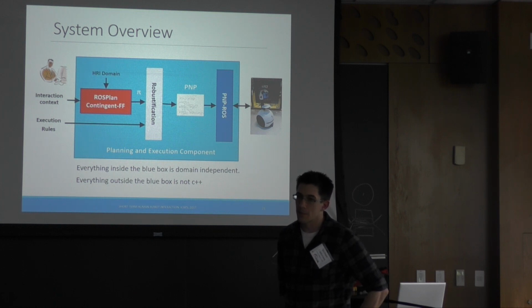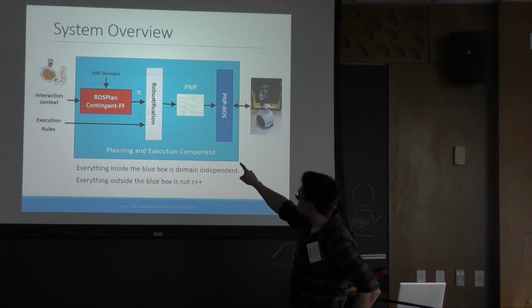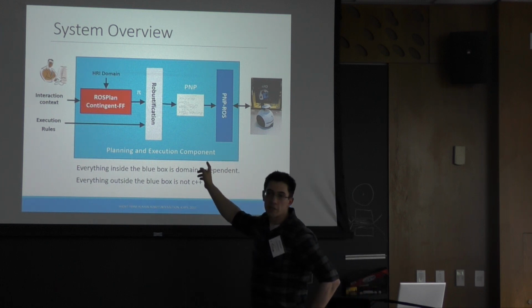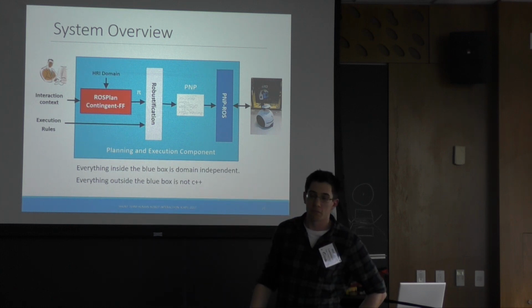I could do something else as long as the plan comes into the ROSPlan. Is that right? Yeah. In fact, as long as the plan is in a format that the PNP can recognize as input, you could replace everything on the left. Okay, all right. Let's thank the speaker again.